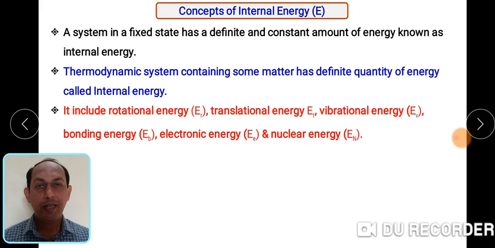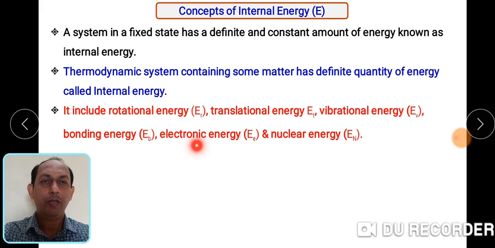So that internal energy may be due to rotational energy, may be due to the translation of the molecule, which results in translational energy, may be due to the vibrations of bonds, in the form of vibrational energy, may be due to the different types of bonding present inside the molecule, resulting in bonding energy, or electronic energy.